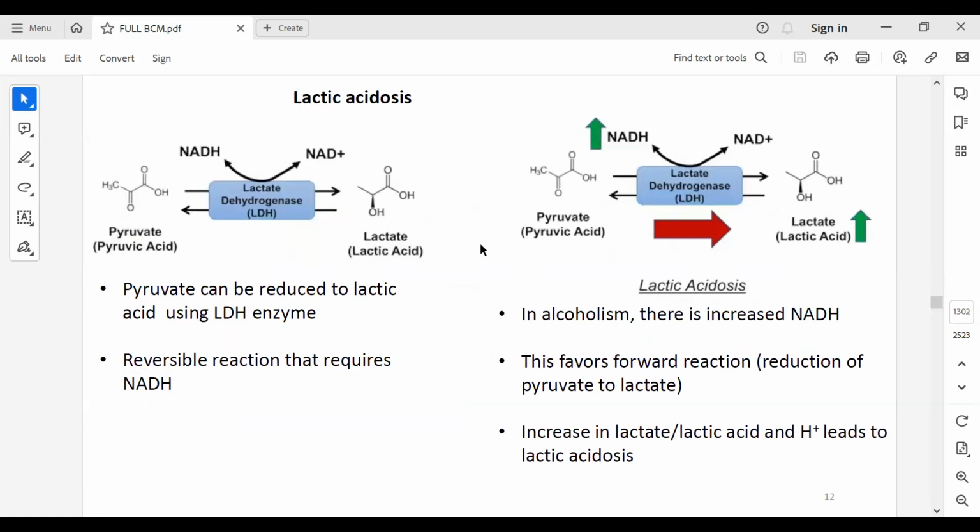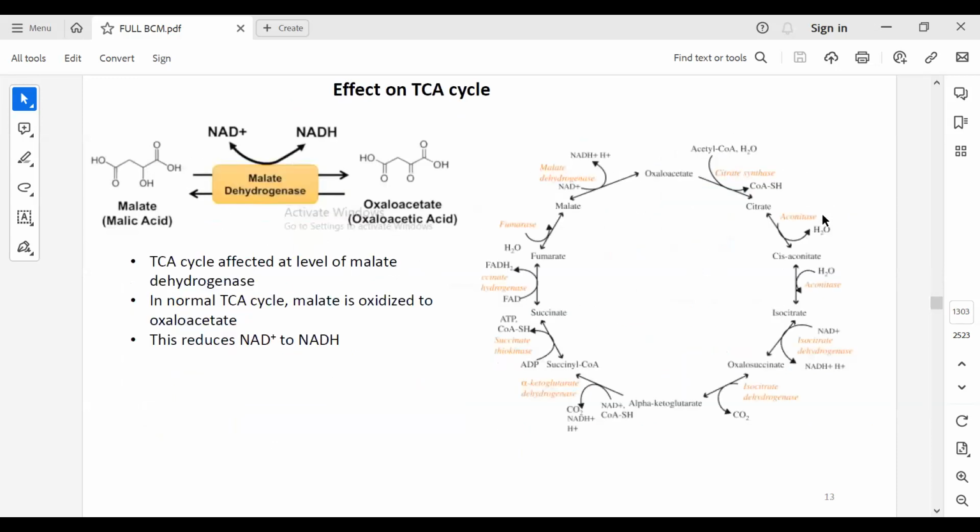Again, the same thing. You remember pyruvate is converted into lactic acid. If you have increased NADH because of alcohol consumption, you'll end up producing more lactic acid because of that equilibrium. The same thing with the TCA cycle, one of the processes whereby we are using NAD+ to NADH.